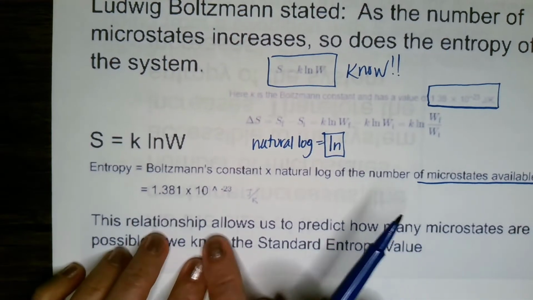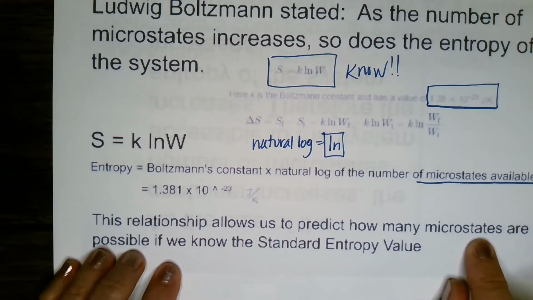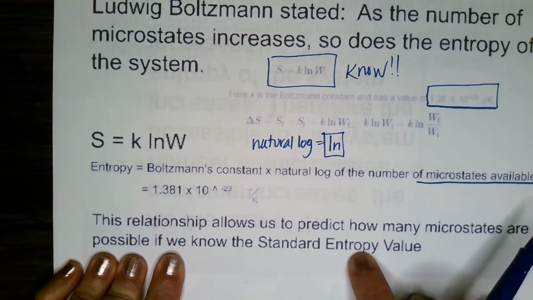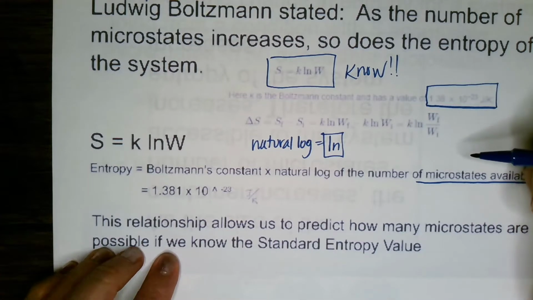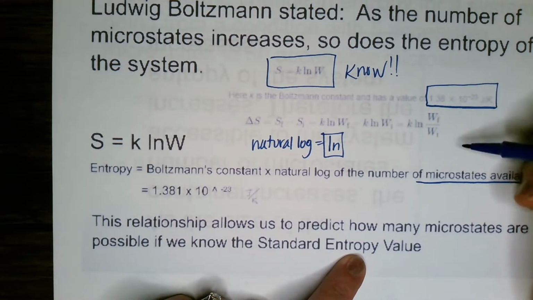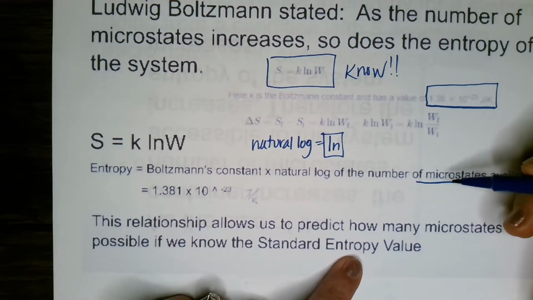So this relationship allows us to predict how many microstates are possible if we know the standard entropy value, like you were given in the last slide, if we know the standard entropy value of liquid water versus water in gaseous state.